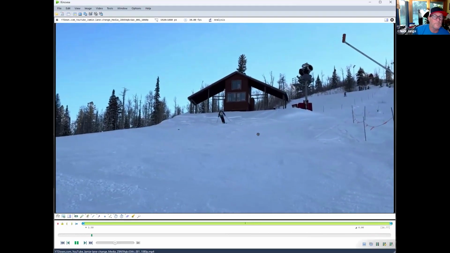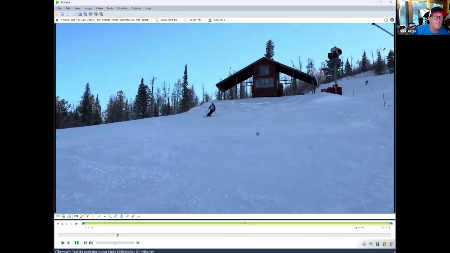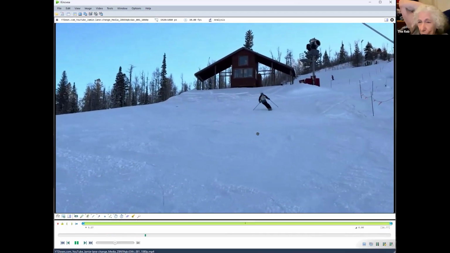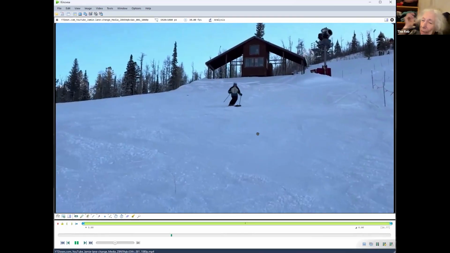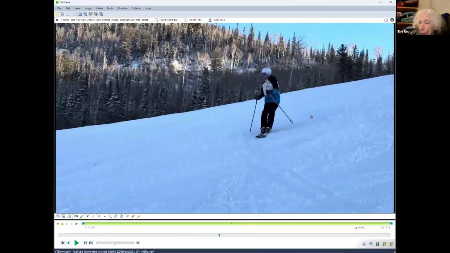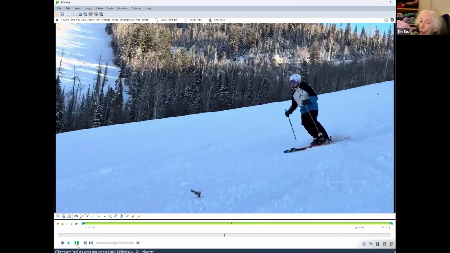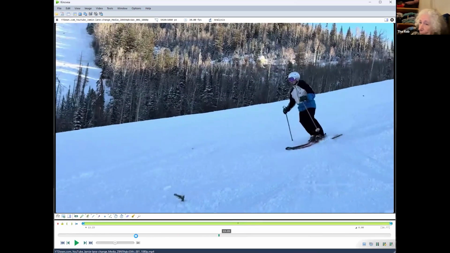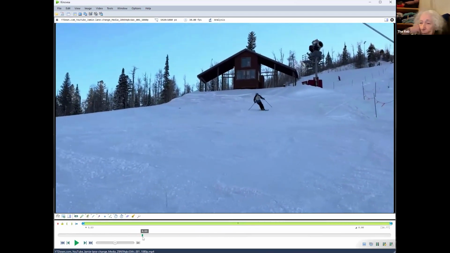Okay. And sitting back. Ideally, you'd like to see edging at the beginning of the turn and more steering towards the end of the turn, and I think he's doing just the opposite.